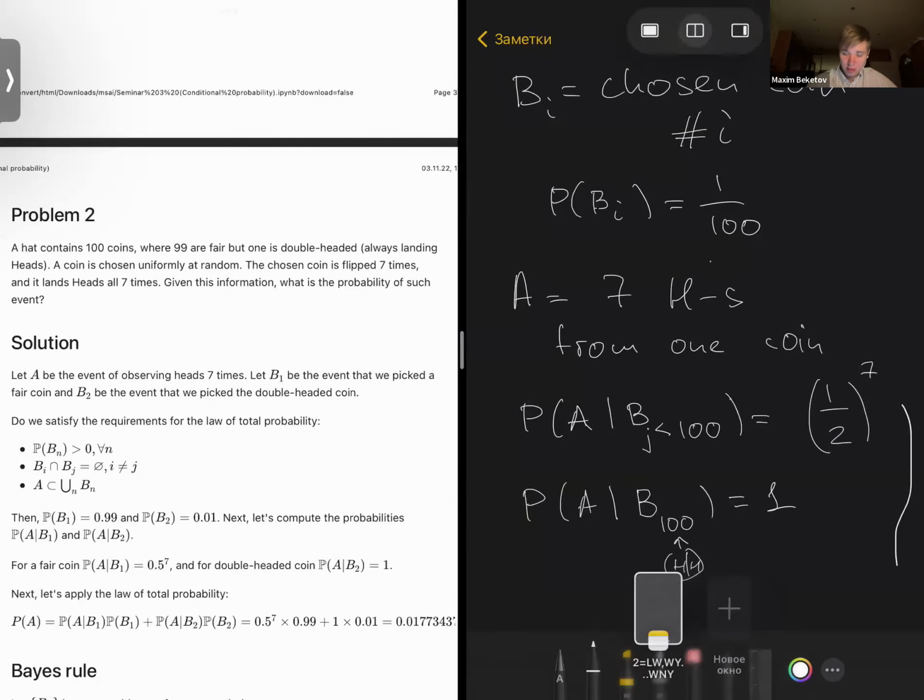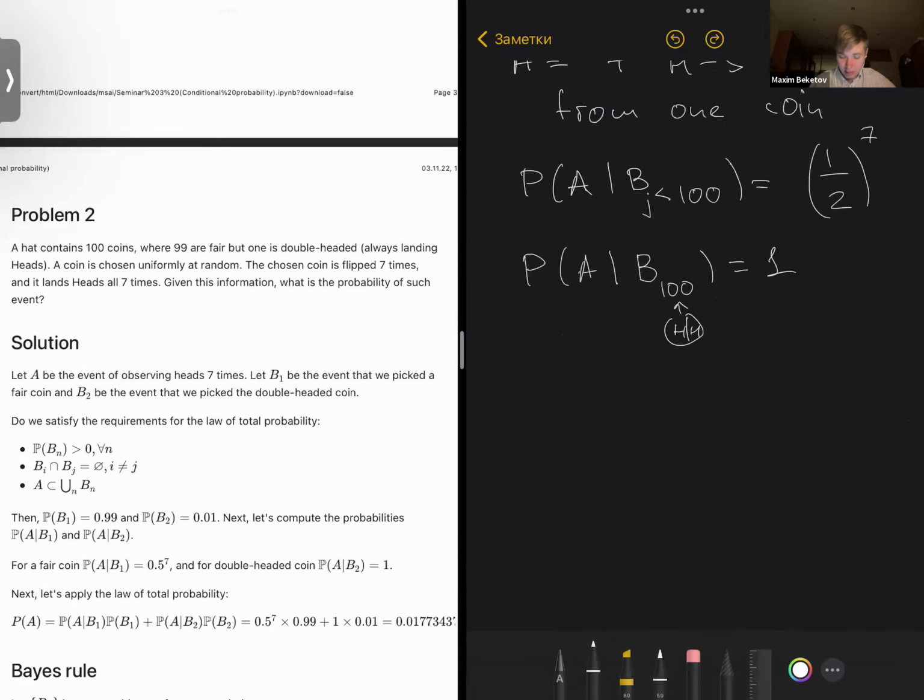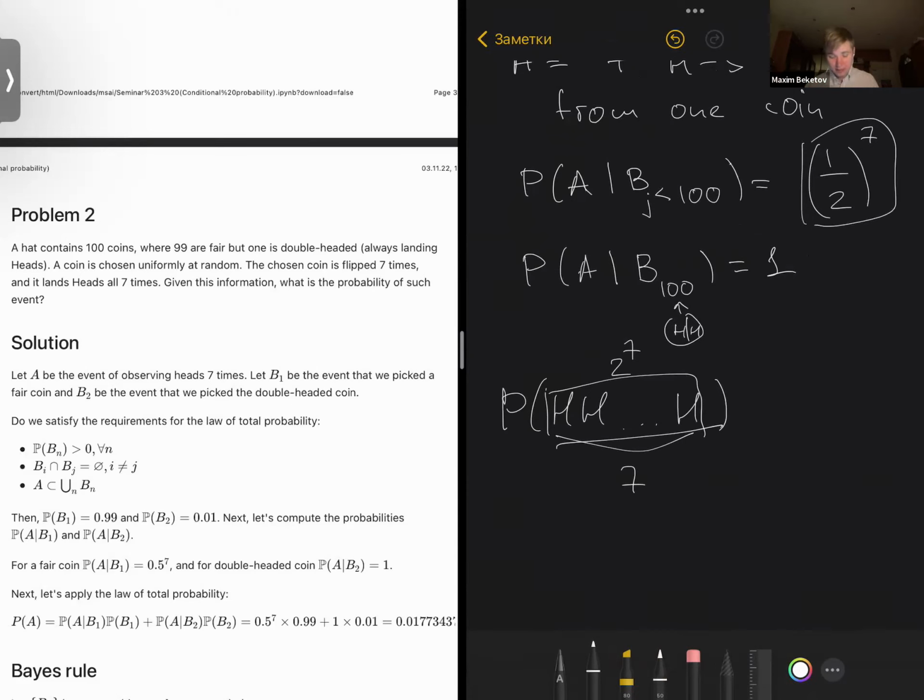The first toss was either a head or a tail, then head, and so on. We made 7 tosses. If we mind the order, then of course there are 2 to the power 7 possible outcomes, and out of them only 1 worked for us. That's why we have this 1/2 to the power 7. So if we care about the order, then it is this way.